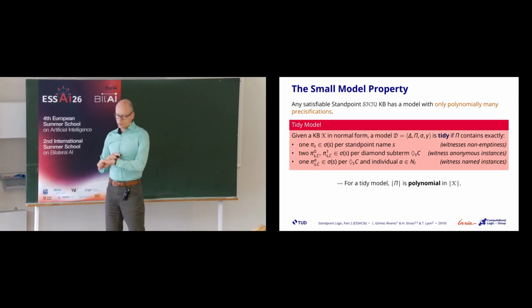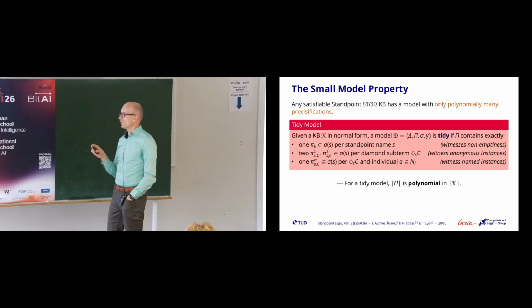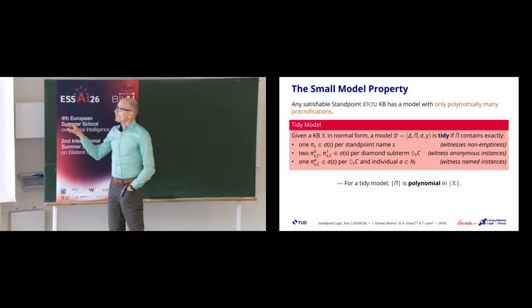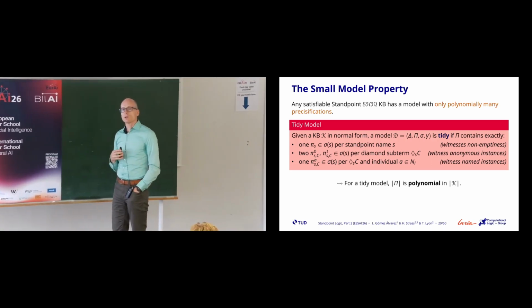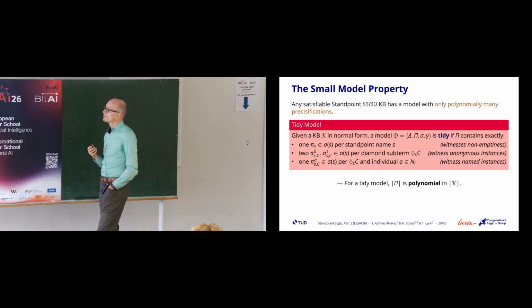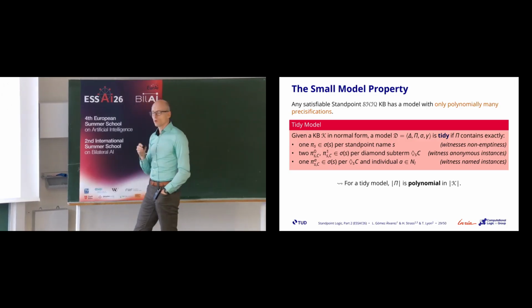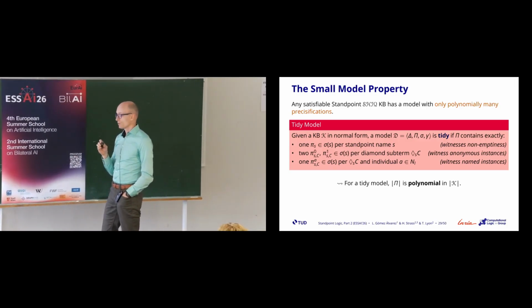And now, and this is basically a preview for what we are going to start with tomorrow, this standpoint SHIQ language also has a small model property. However, this is slightly different from the small model property you have seen for the sentential fragment of first-order standpoint logic. Right?